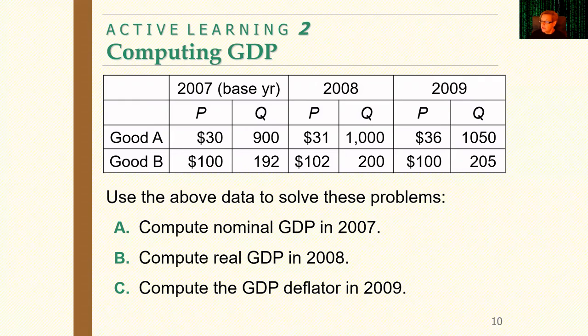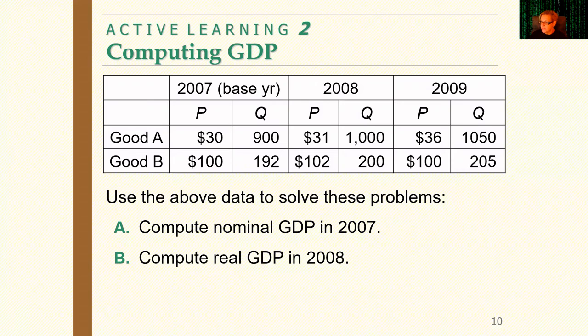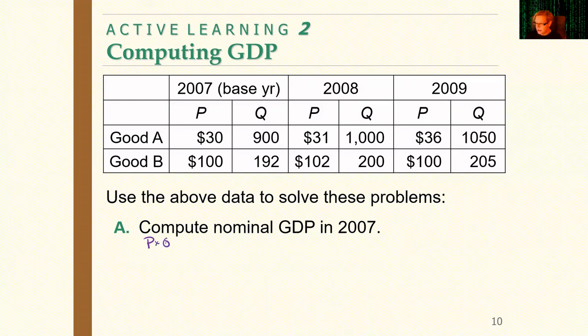Okay, so let's go ahead and do this. So let's start with nominal GDP in 2007. So essentially what we're going to do is do the price times quantity plus price times quantity. We have good A, we have good B, and we're looking at 2007. So I'm going to do price times quantity. That's going to be 2,700.